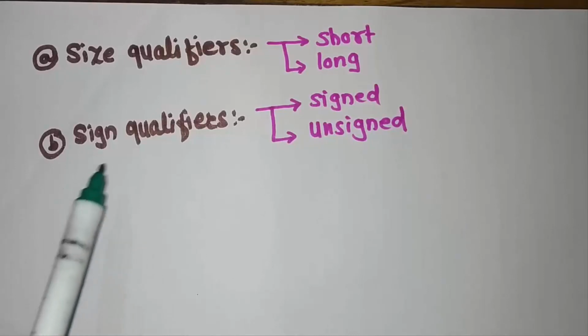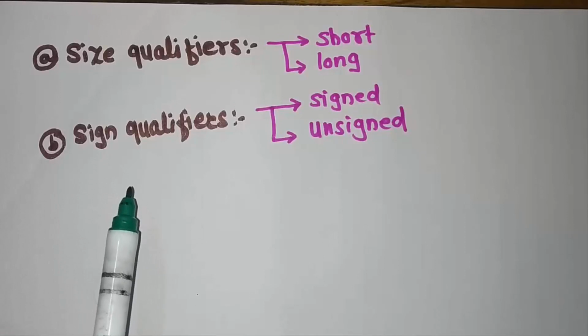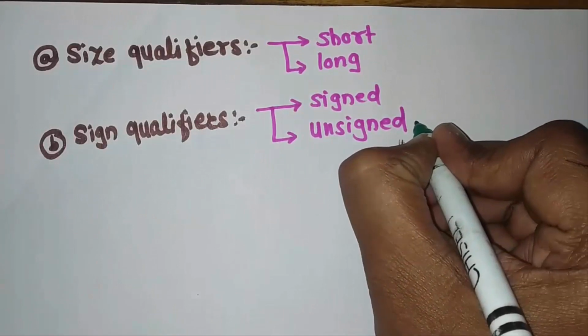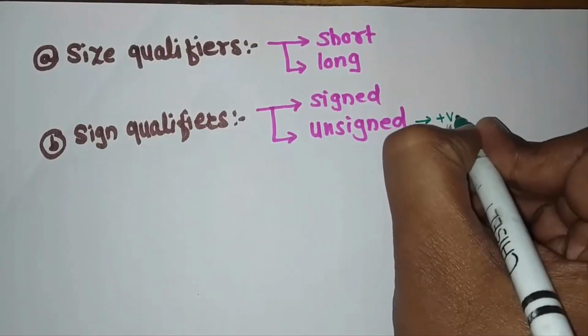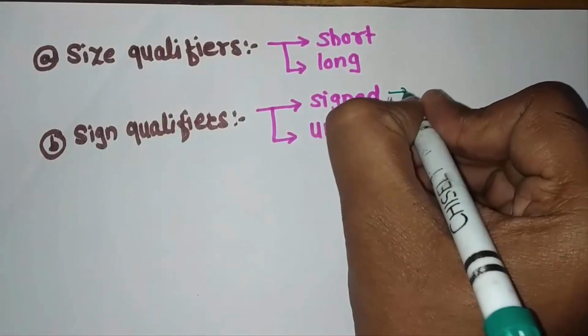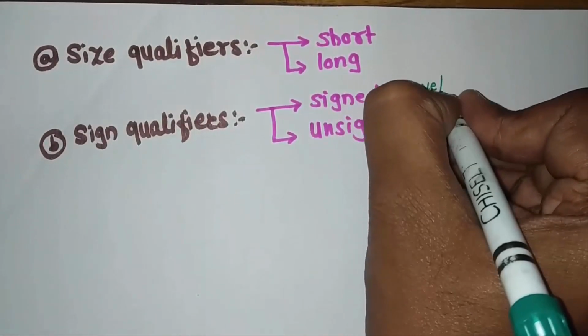When we talk about sign qualifiers, signed and unsigned, these are the two types and can be applied to character and integer types. When the qualifier unsigned is used, the number is always a positive number, whereas when signed is used, the number may be positive or negative.